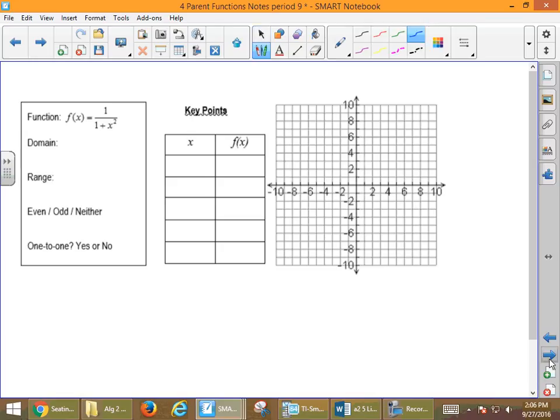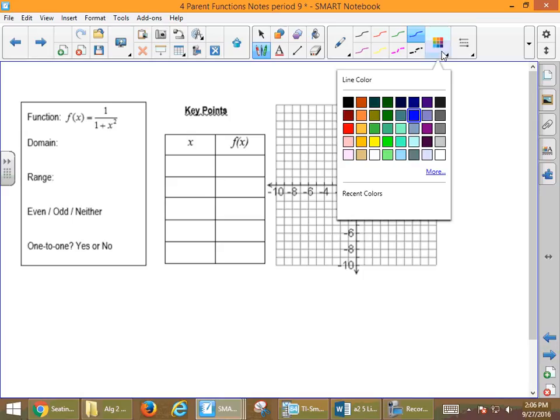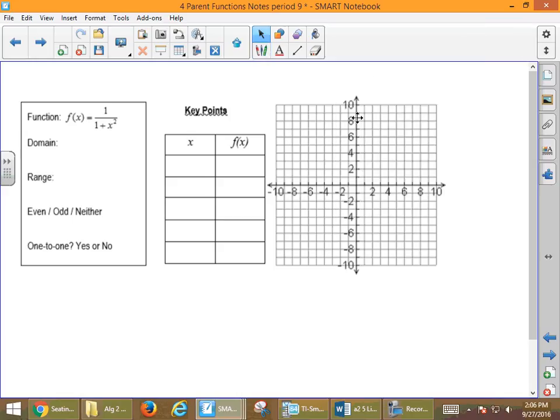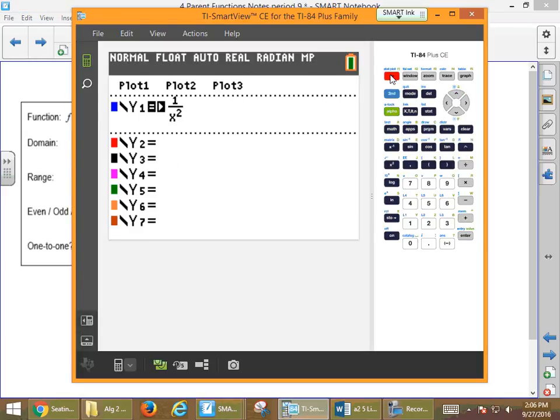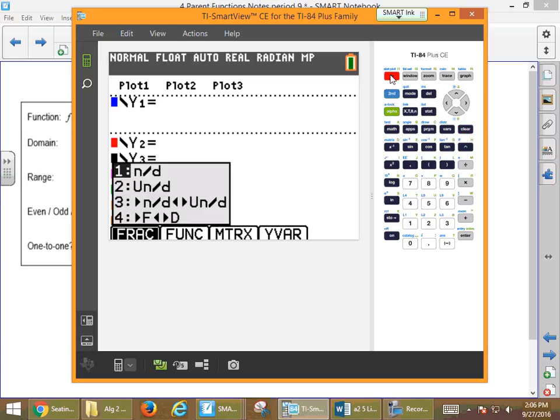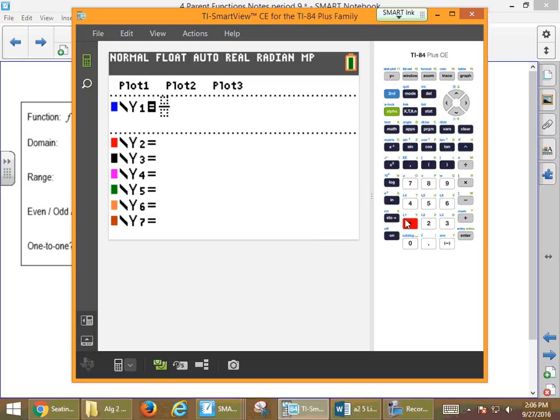So, f of x equals 1 over 1 plus x squared. And let's type that one in. Again, if you don't have a fraction button for some reason, you need parentheses around the 1 plus x squared.